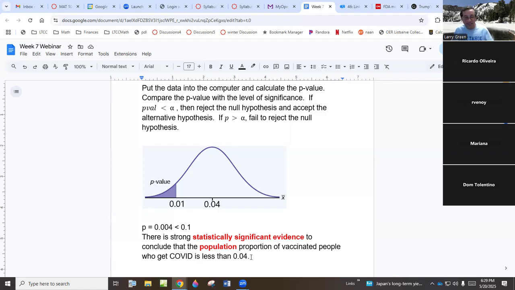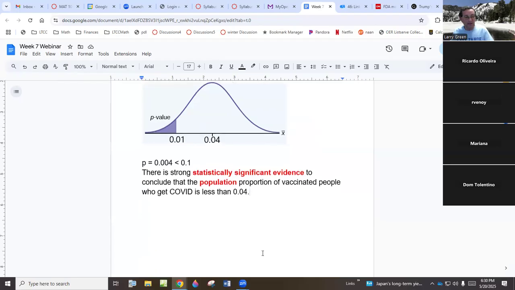You have to make sure that a hypothesis test was done, and that they got statistically significant evidence to show that the procedure or the vaccination or whatever that medicine is worked. If they don't show that, it doesn't get approved. Any questions on how important this is and what this is all about?